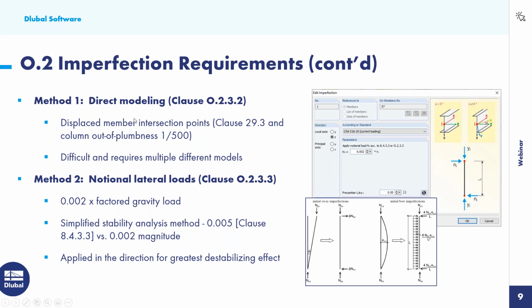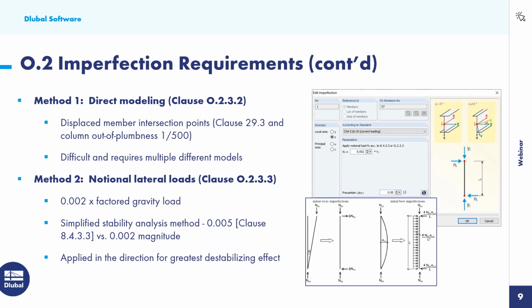And how we would physically displace them within the model, maybe we'd refer to clause 29.3, which gives a whole lot of information about erection tolerance values. It's also quite common to consider column out of plumbness of 1/500. So in addition to column out of plumbness, we might also be considering member out of straightness. And again, we're trying to consider the most destabilizing effect here.